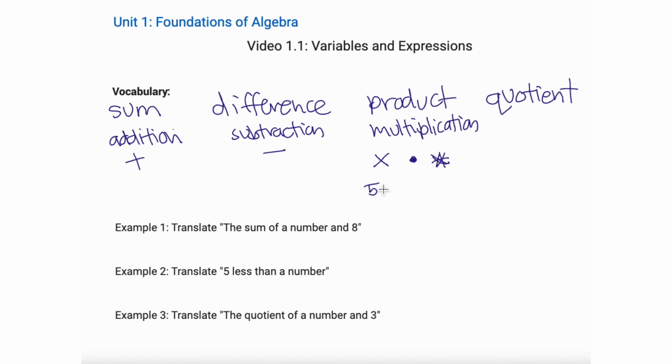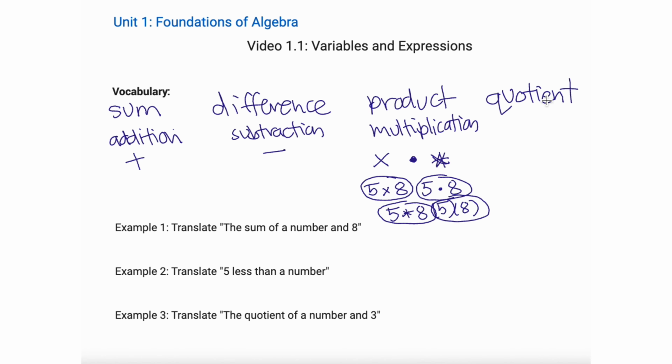So if I'm going to do 5 times 8, instead of using that X, I want you to think of it as 5 with a dot, 8, or 5 star 8, or parentheses, where it's 5 parentheses 8. Or you can even put parentheses around the 5 as well. All of these different ways are acceptable for notating the problem of 5 times 8. I just want you to be familiar with that.